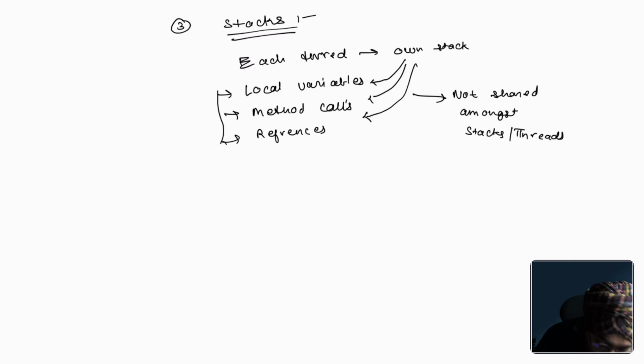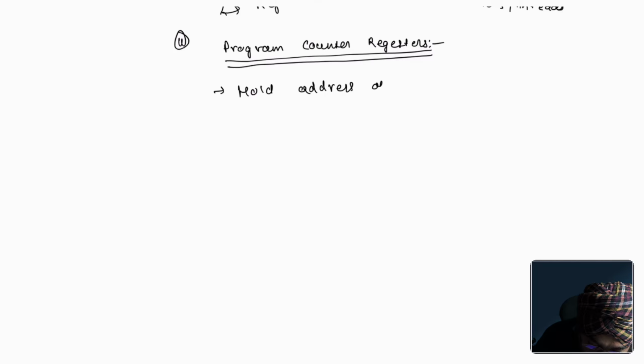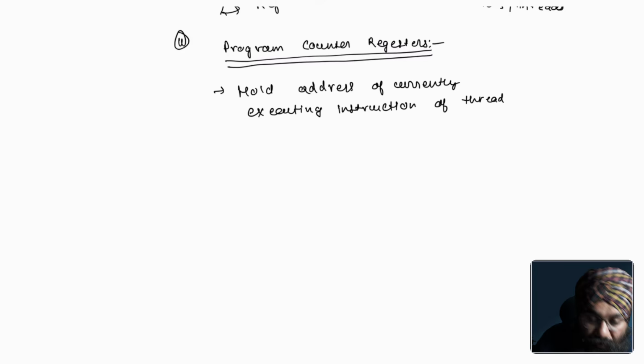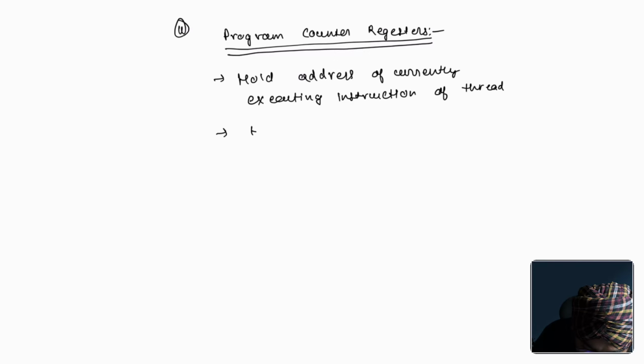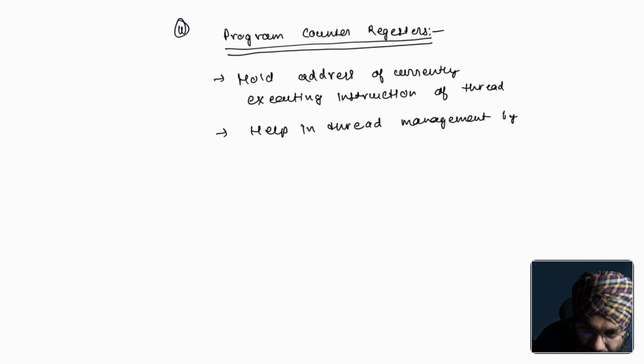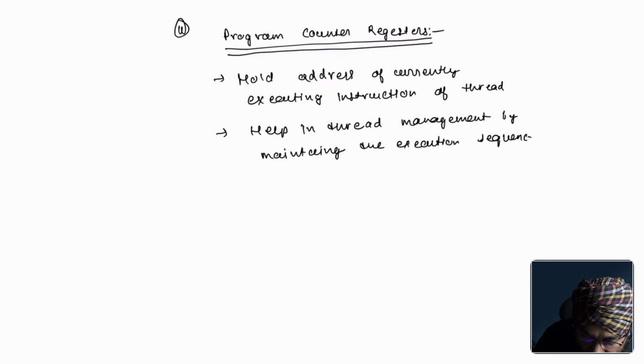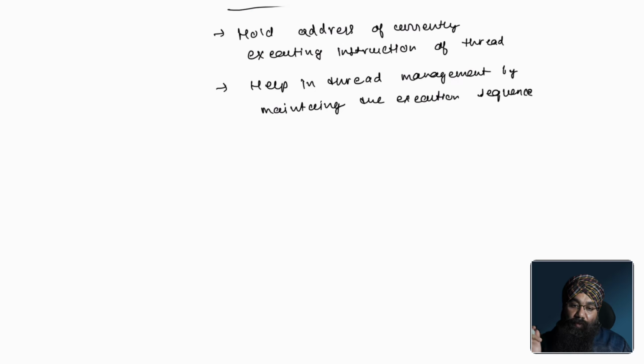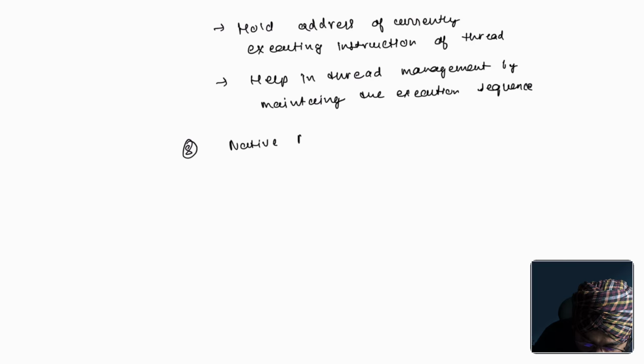Then we have the address of the currently executing instruction, so which instruction in which thread is currently being executed. They hold this information, and they help in maintaining the execution sequence. So this is the fourth part of the memory. Then there is the native method stack.